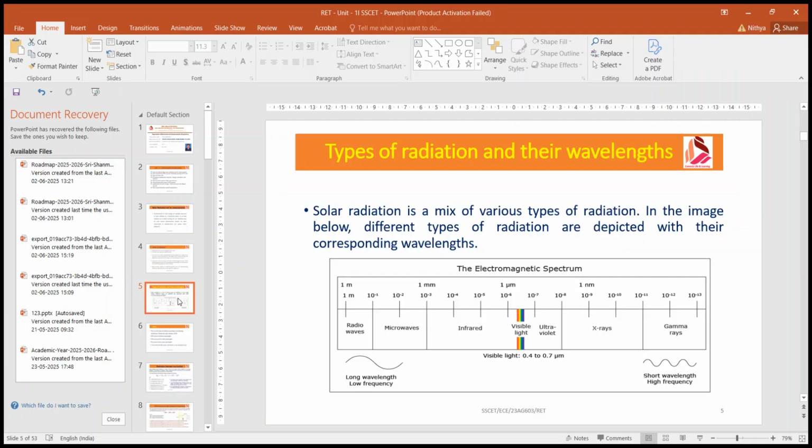It is in between the long wavelength, low frequency of radio waves, and gamma rays, which have short wavelength and high frequencies. So these time durations will be very small, in terms of milliseconds or nanoseconds. That will happen there, and the radiation will be aligned.